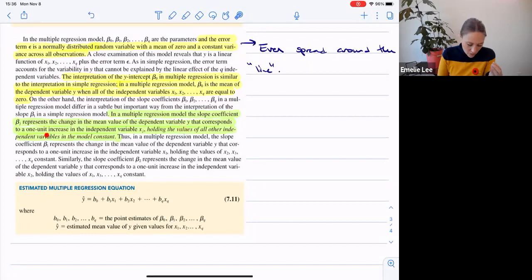That corresponds to a 1 unit increase in the independent variable xj. So that part is exactly the same as simple regression, holding the values of all other independent variables in the model constant. So that's where it changes. And that's important if we have to interpret some of these coefficients.